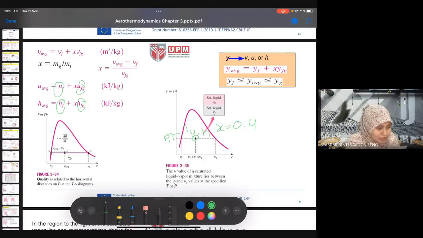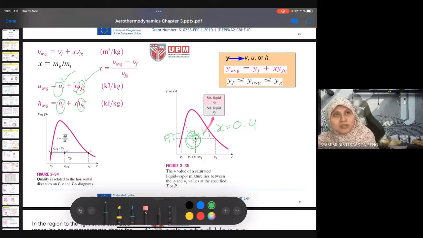From these values we can calculate the average U at this point. Since we get these from the table and we know X, we can calculate the enthalpy, specific volume and internal energy during the vaporization or condensation process.